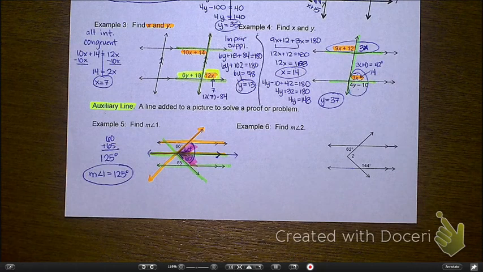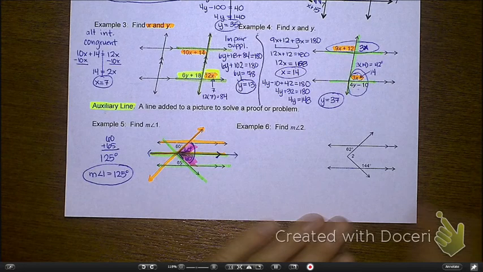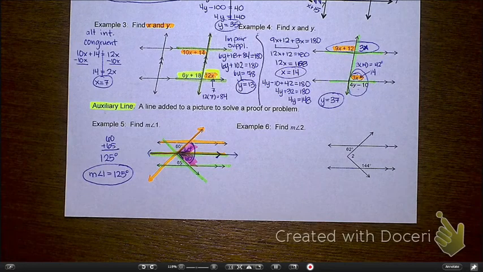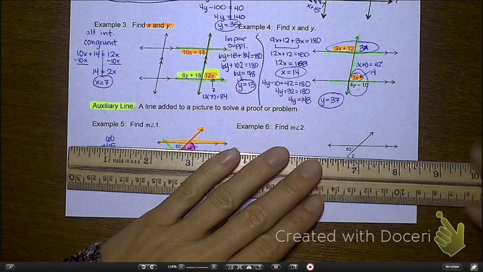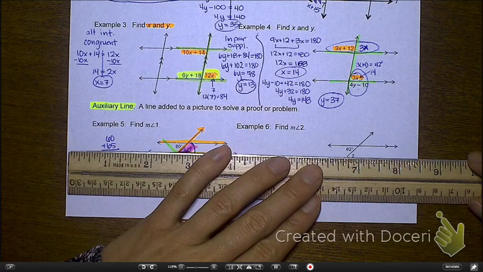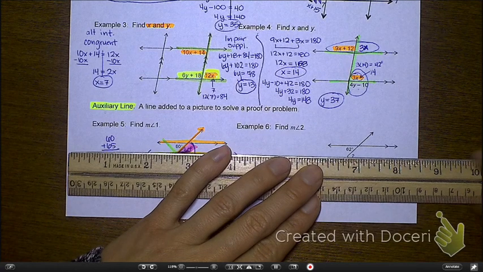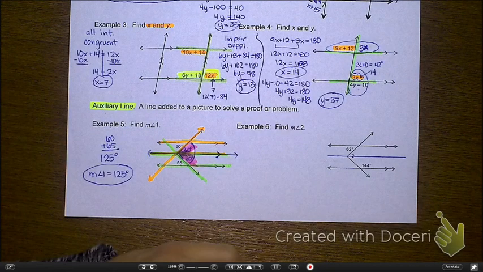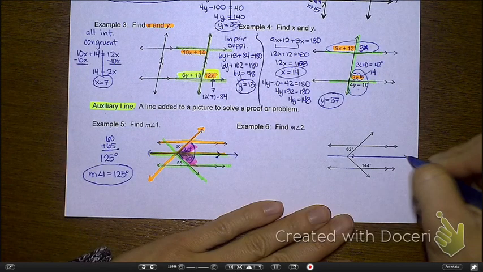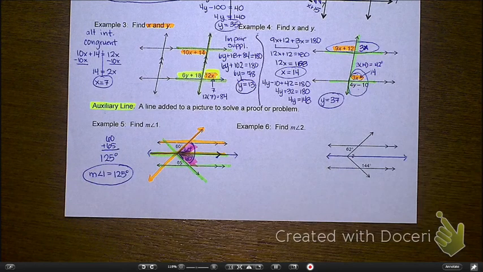Okay, all right, so let's try one more here. Okay, everyone draw your auxiliary line on example 6. So where would you be drawing your auxiliary line? Through the point right here, and you're making it parallel to the lines that are already there, right? So like that. Okay. All right.